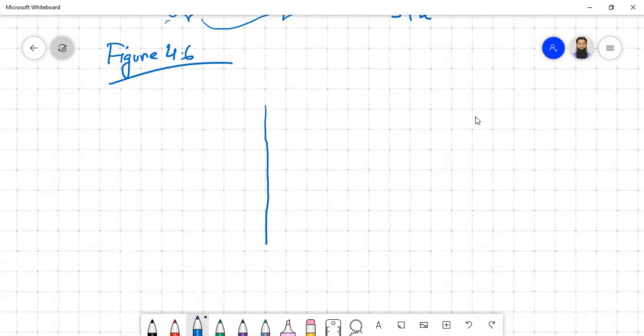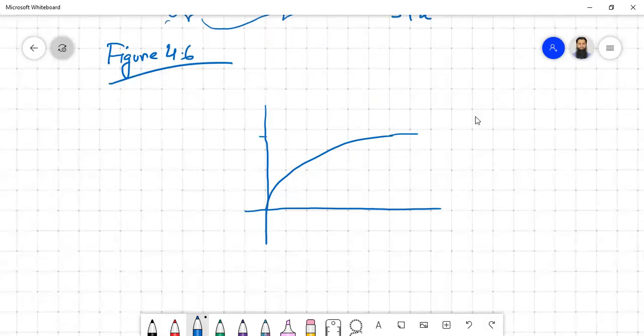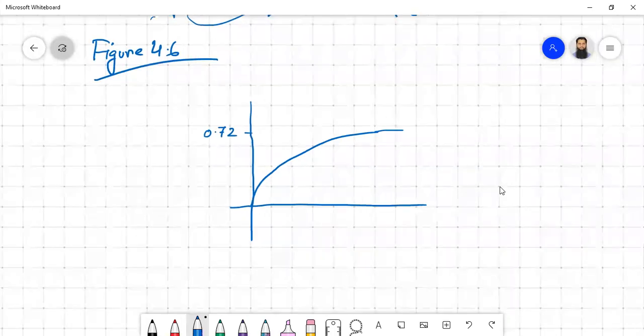What they have given is a wave shape, something like this, and they have said that the final value is somewhere here, which is not 1 definitely, and they are saying which is 0.72. So we have to figure out what our transfer function should look like.